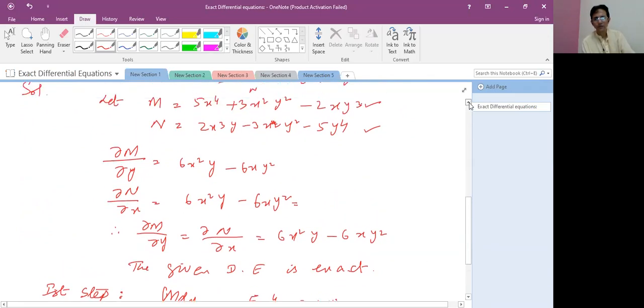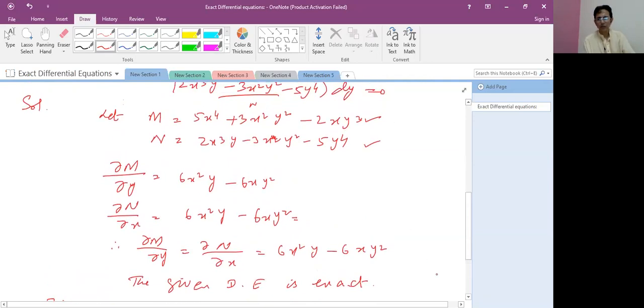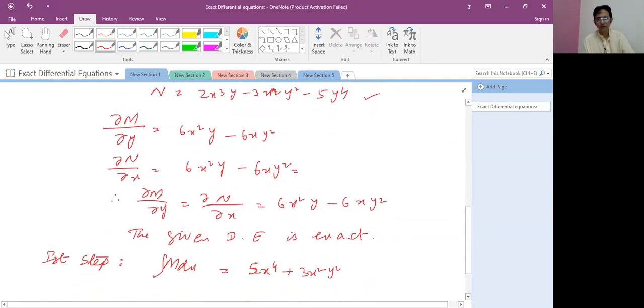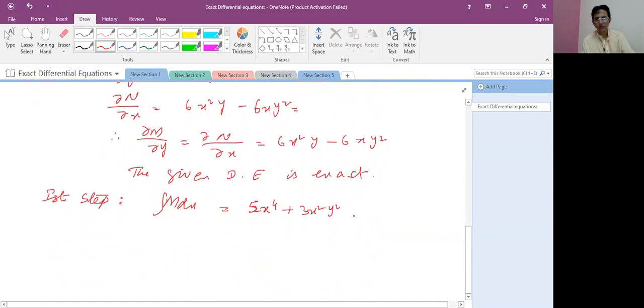minus 2xy^3. So we integrate with respect to x, keeping y constant. It means y has no change.